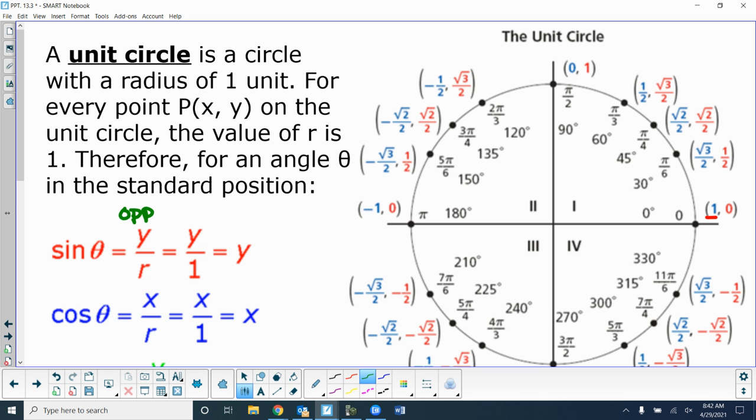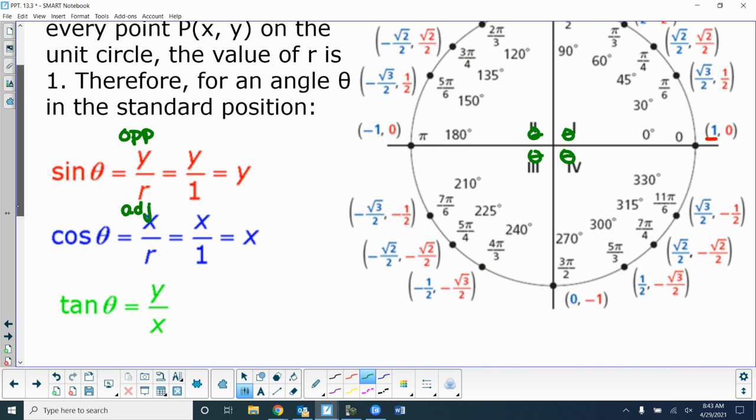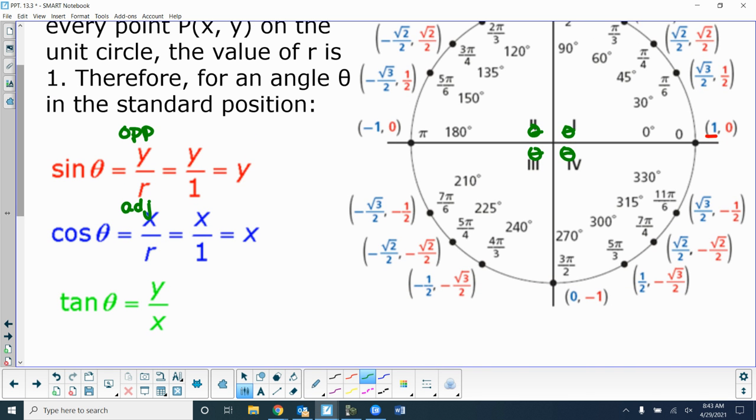If theta's back here by the origin, adjacent's always going to be the x. There's adjacent. R is our what? Hypotenuse, right? And then tangent is opposite over adjacent: the y over the x. Okay?